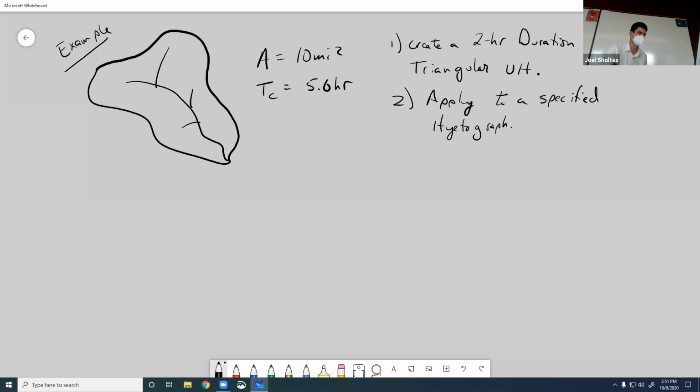And I'll set this up. I'll just kind of draw it up for you, and then I'll have you guys actually do the calculations. So here's our unit rainfall events, and we said of D, right? And we said it's a 2-hour duration.